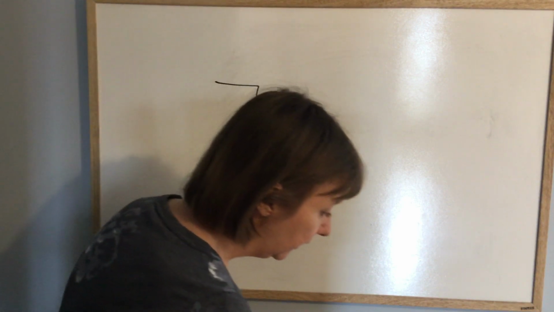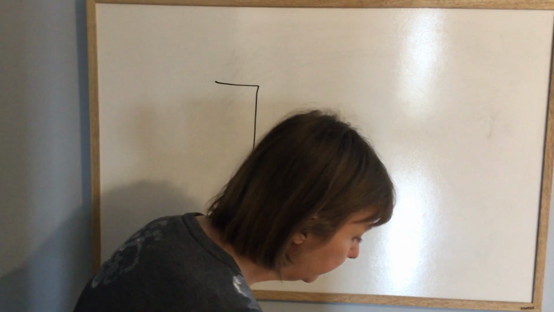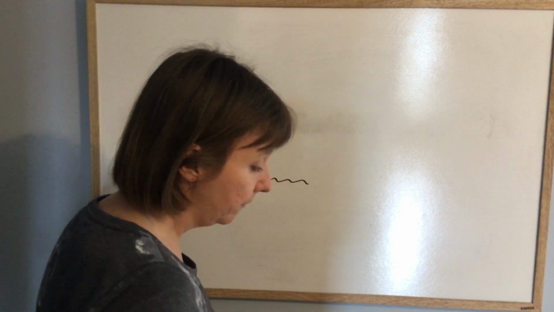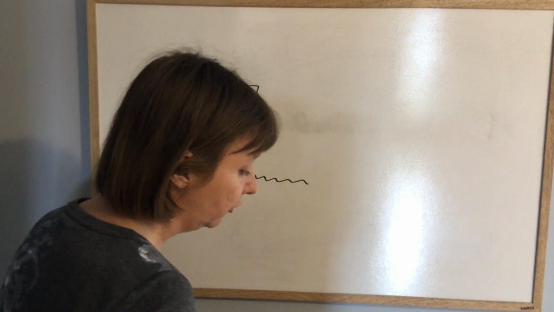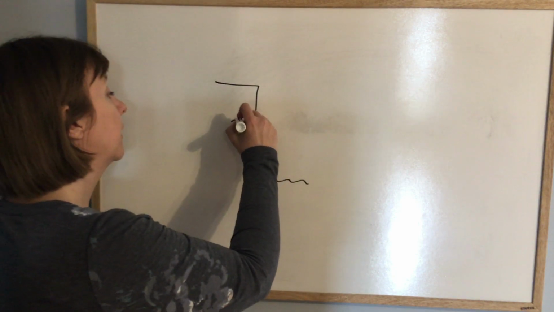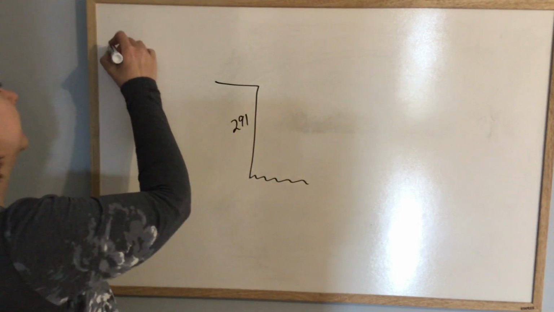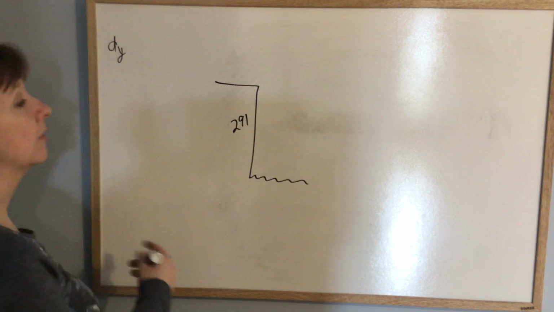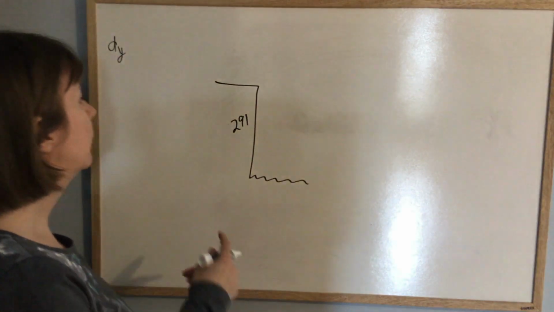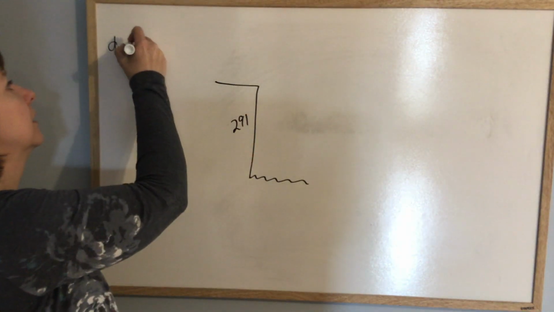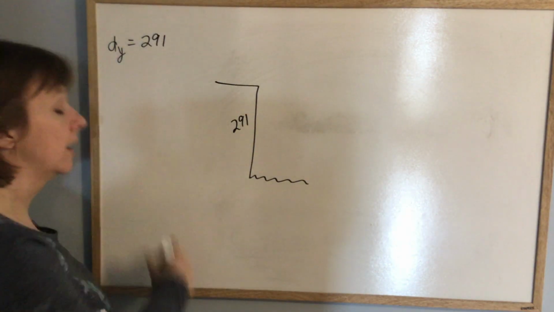Now, a topographical map shows that the cliff is 291 meters high. So the distance vertically, I'm going to assign to be y because that makes sense in my head. The distance vertically is 291 meters.